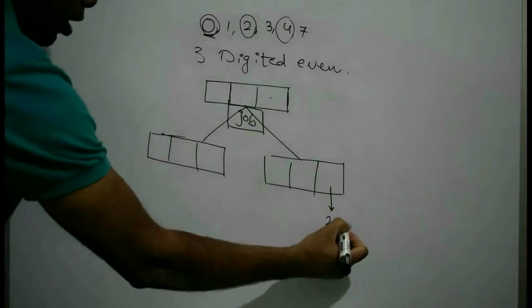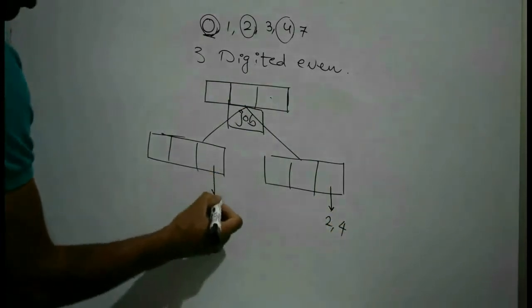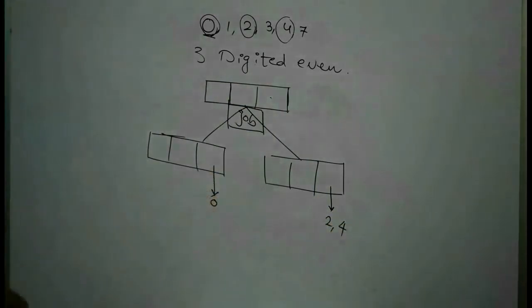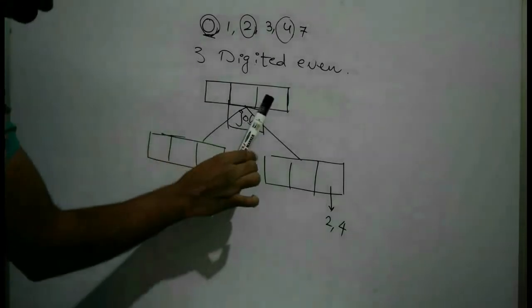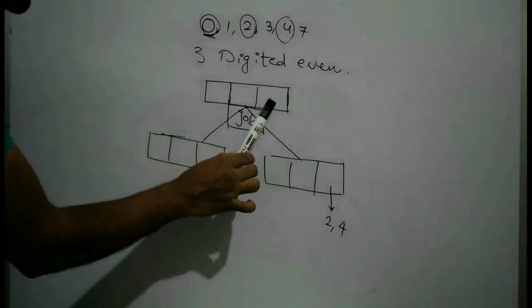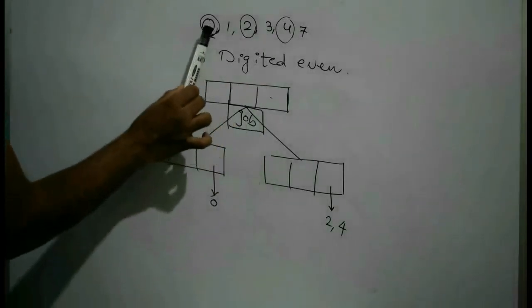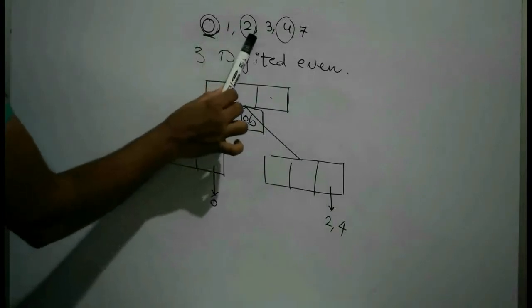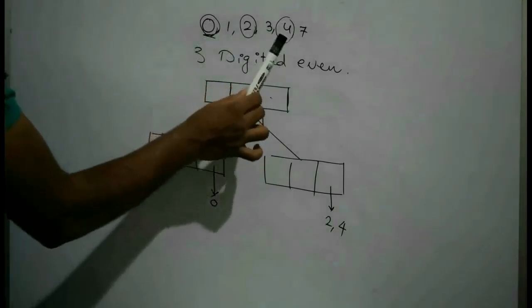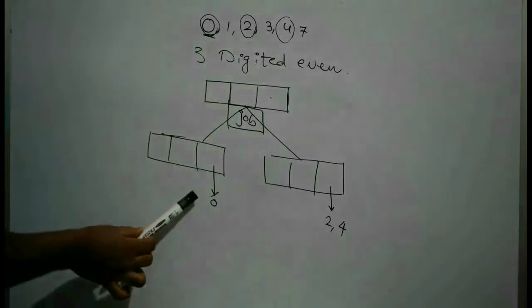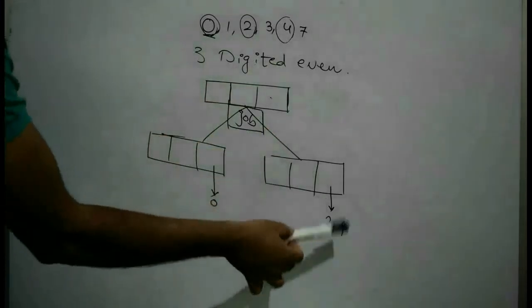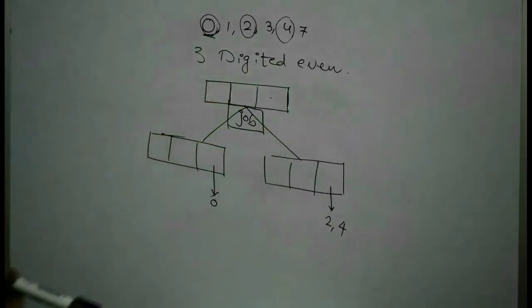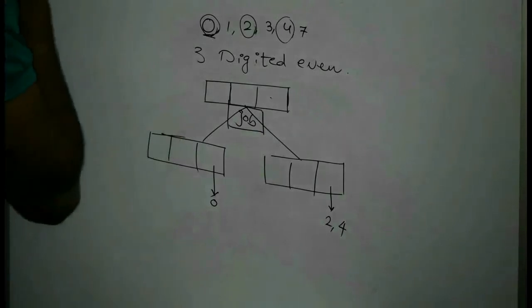If you use 2 or 4 here, that is one case, or if you use 0 here. For the units place we have 3 choices: you can use 0, 2, or 4. So using 0, a separate case I am doing; using 2 or 4, the other case in a different situation.